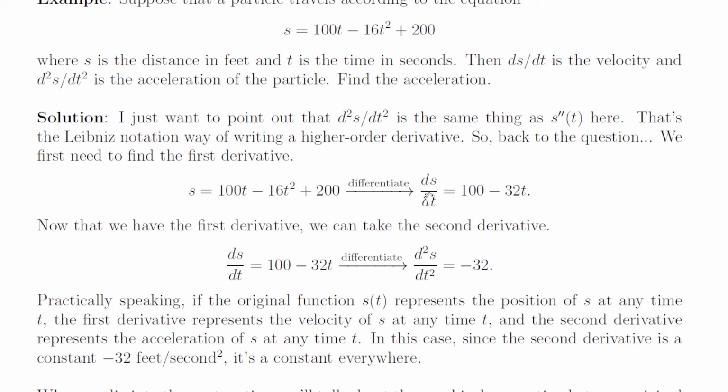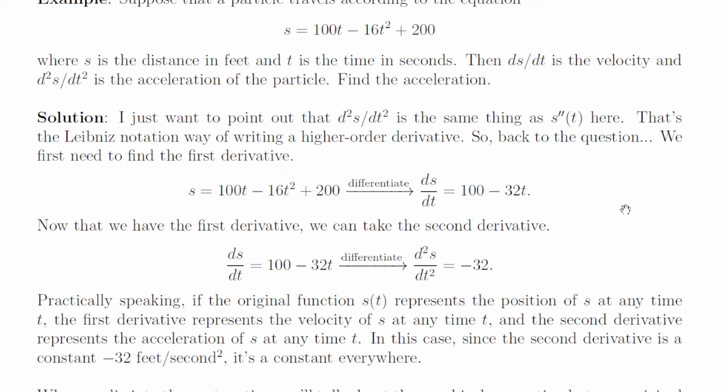When we differentiate this, we get ds/dt equal to 100, because the t goes away: we just have that coefficient in front of a variable with an exponent of 1. Then 16 times 2 is minus 32, and the t comes along for the ride. We reduce that exponent by 1.